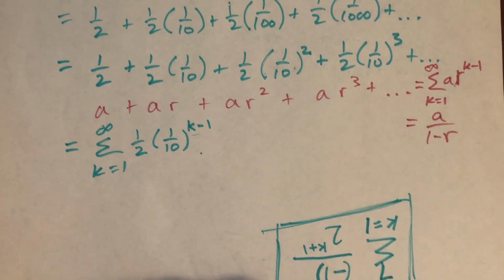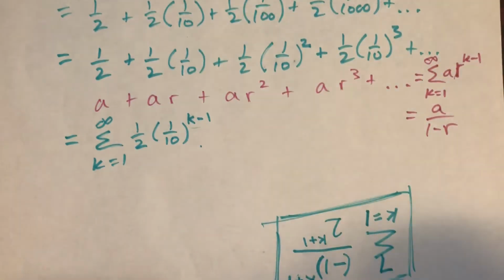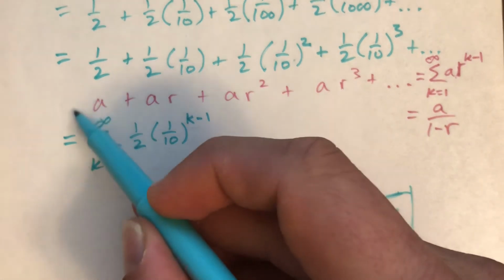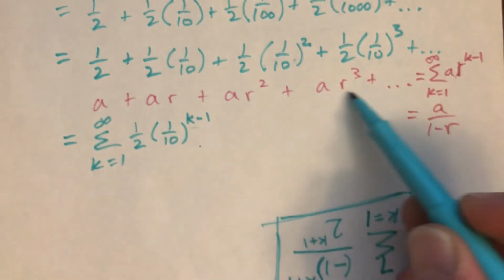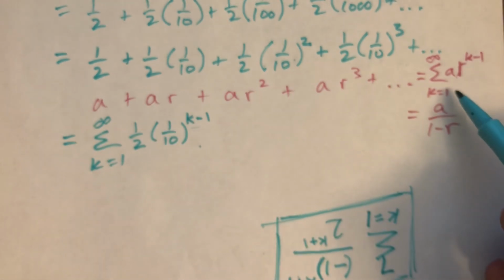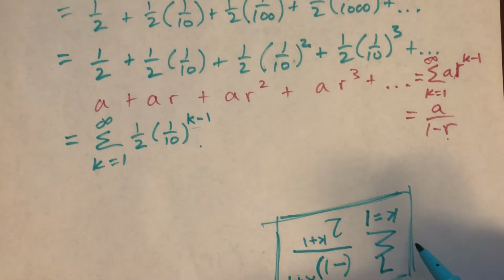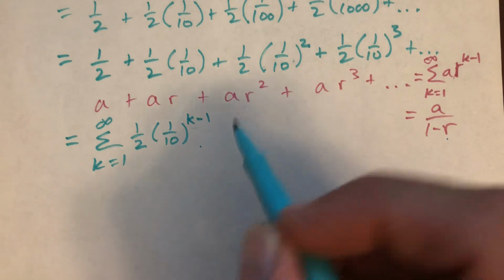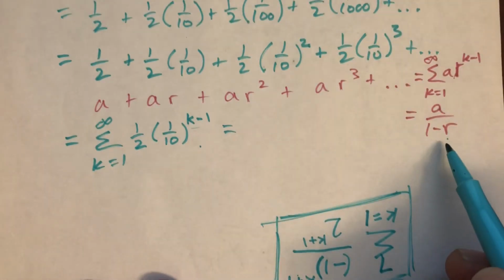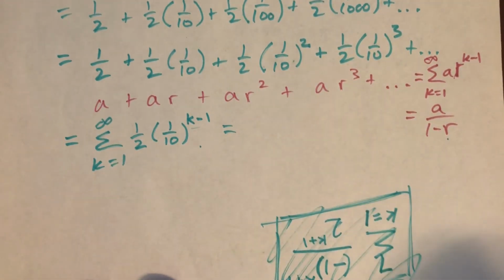This was the statement of the theorem. If you add all of these up, we can write it in summation notation, and the theorem tells us this is what the sum is. Okay, and we can just plug that in here.